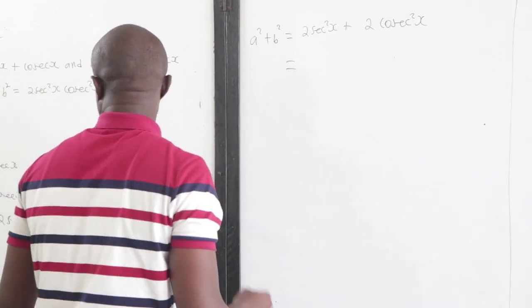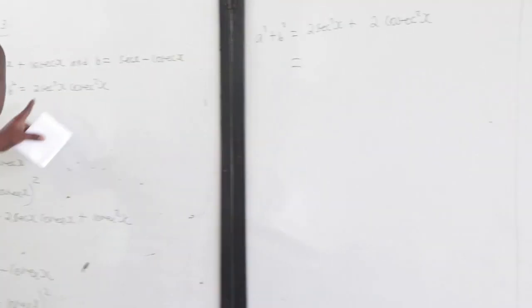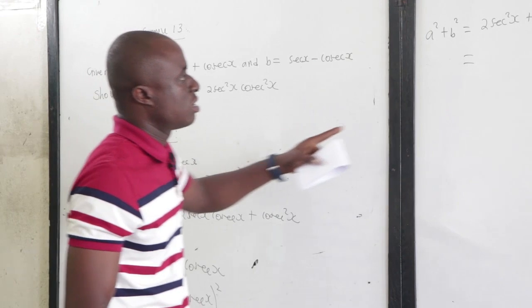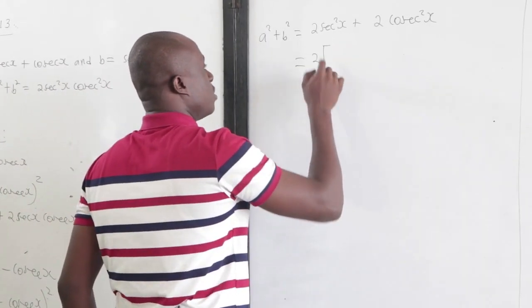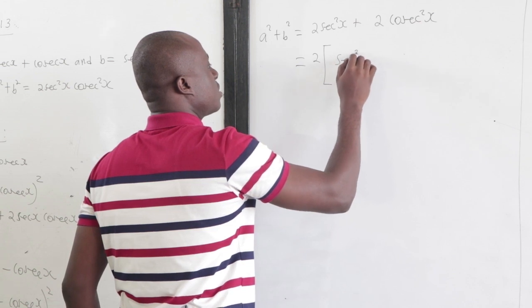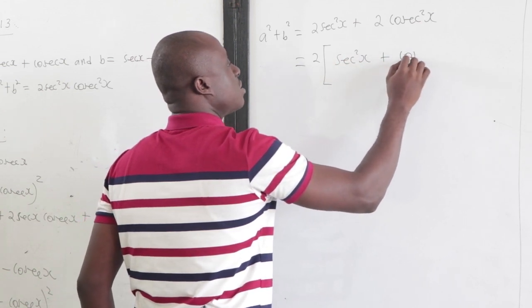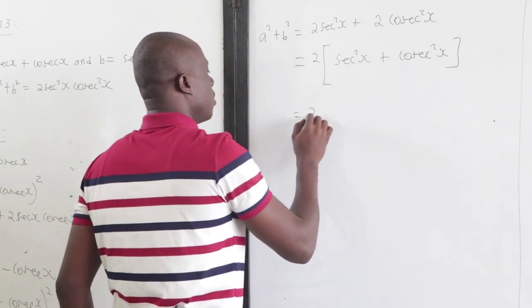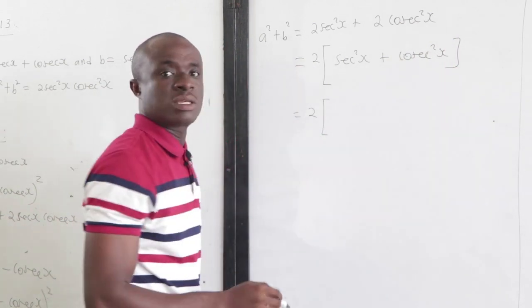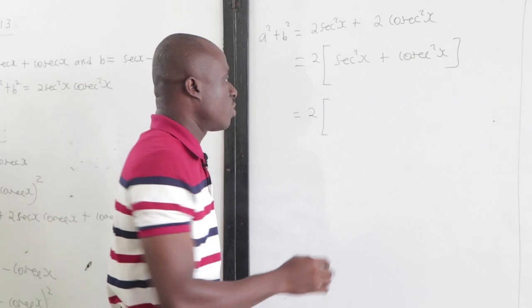Now we are being told to show that it is equal to 2 sec square x cosec square x. What can we do? We can factorize out the 2. When you factor the 2, we have what? Sec square x plus cosec square x. Now, what is sec square x? Sec square is the same as 1 over cos square x.